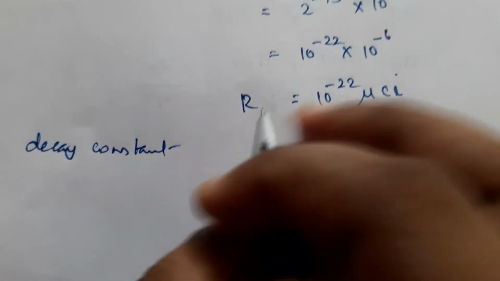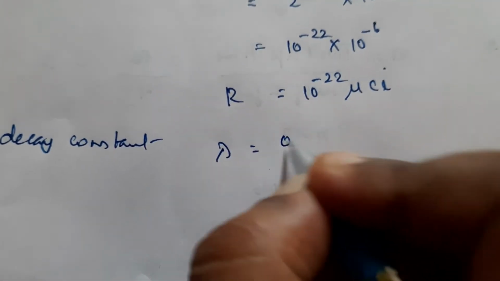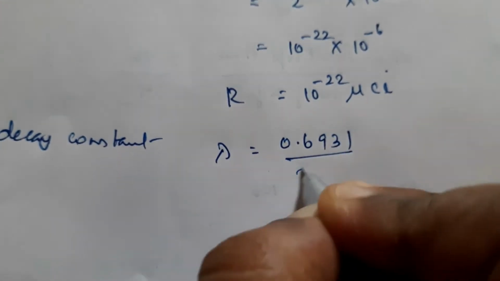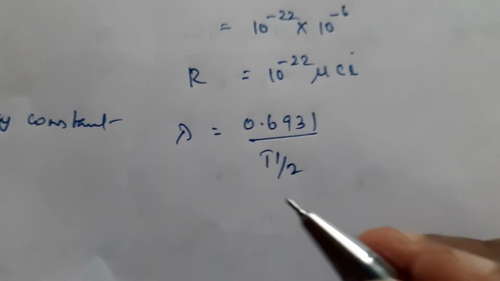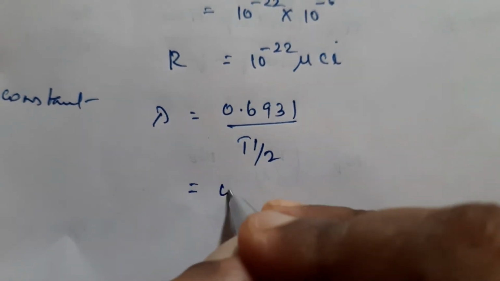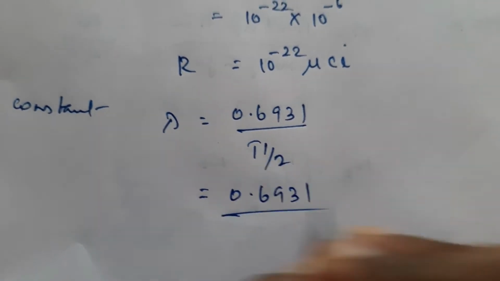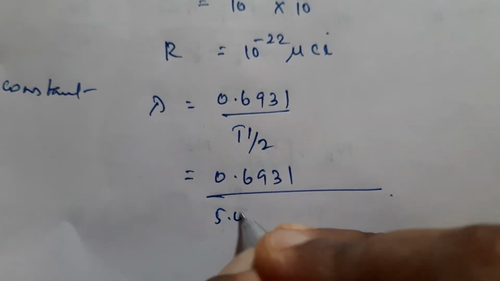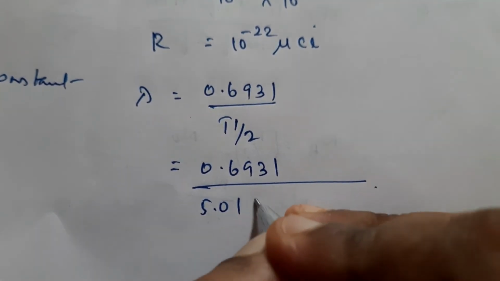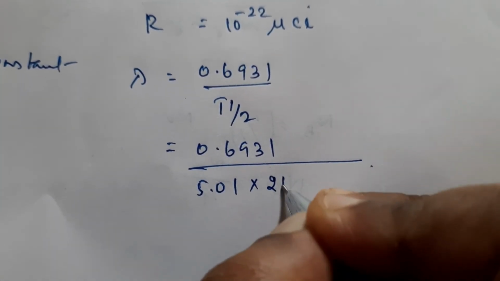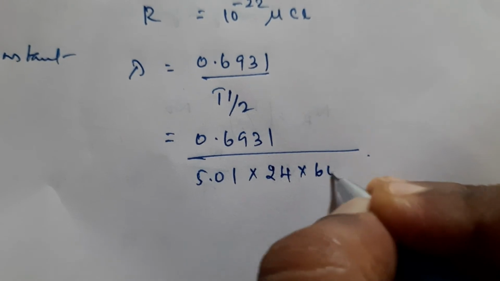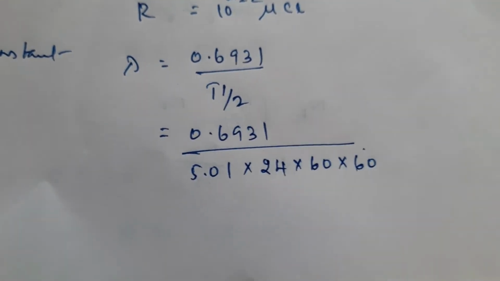The second part, we have to calculate the decay constant. Now how to calculate the decay constant? Lambda is the decay constant, that is 0.6931 divided by T half. You can write it as 0.6931 divided by T half, which is 5.01 days. So days should be converted into seconds. So 1 day has 24 hours, into 60 minutes, into 60 seconds.